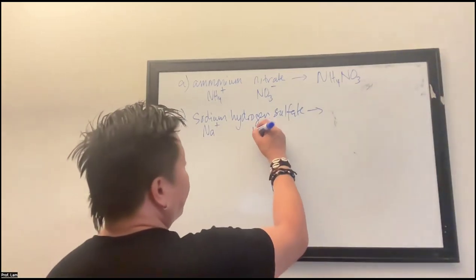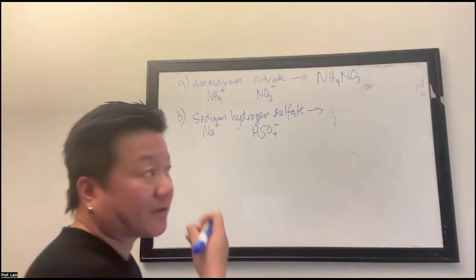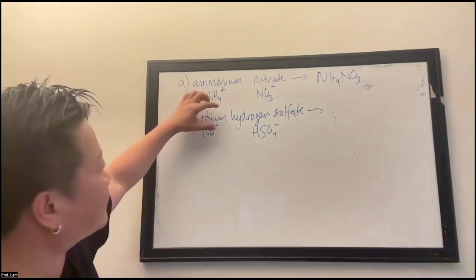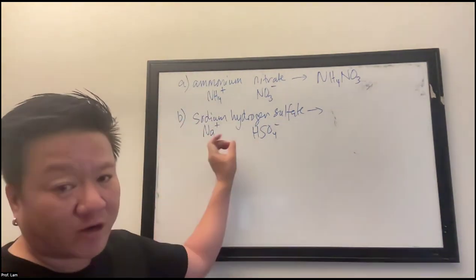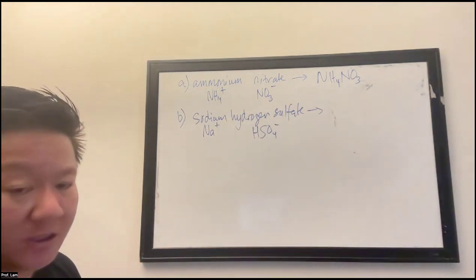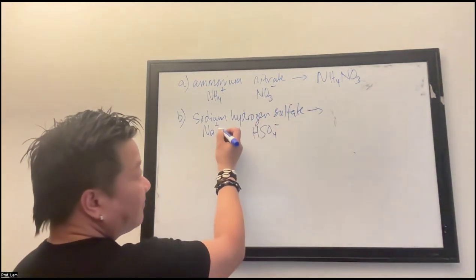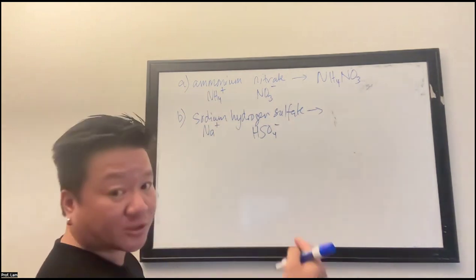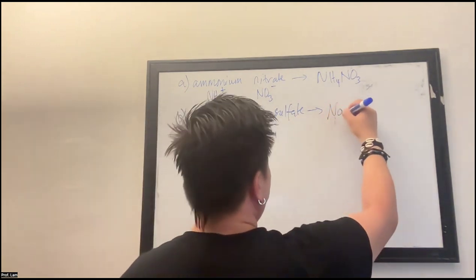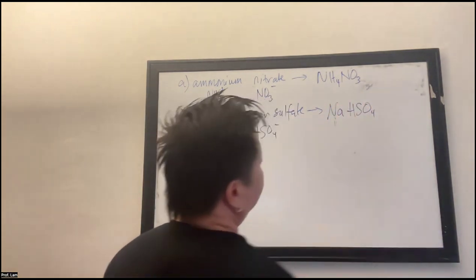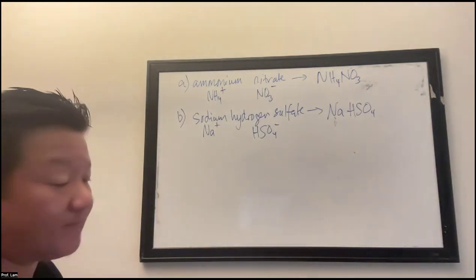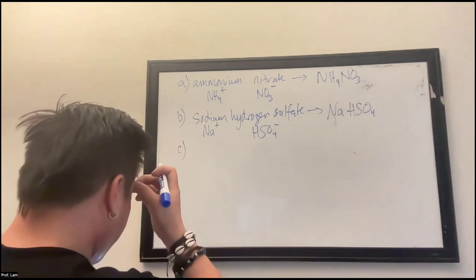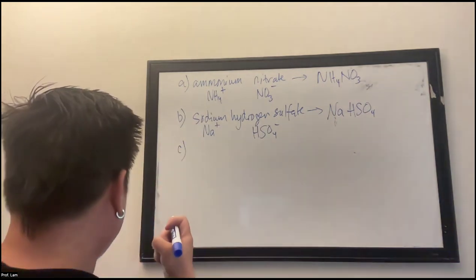So notice every time I'm going to translate the long words into my symbols already, so that I'm ready to put it together to make it neutral once I know the charge. So if this is 1 plus and this is 1 minus, it's just one of each. So I just put the sodium HSO4, NaHSO4, and that's my sodium hydrogen sulfate, right? Make it neutral. Okay. Let's keep going.